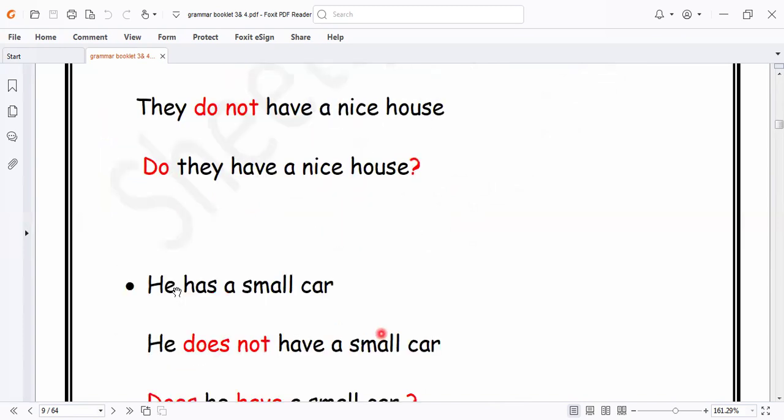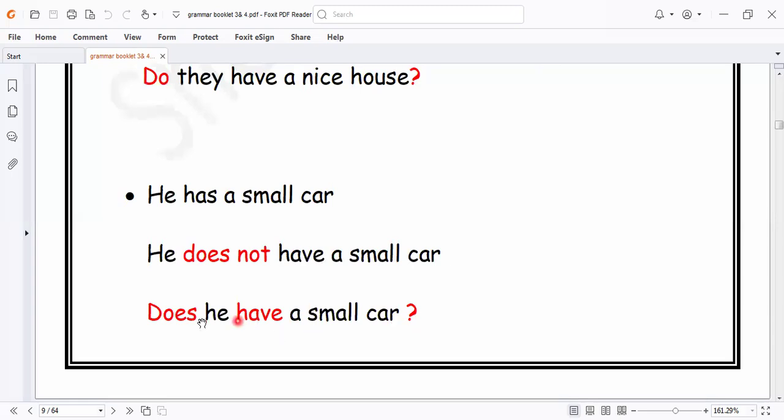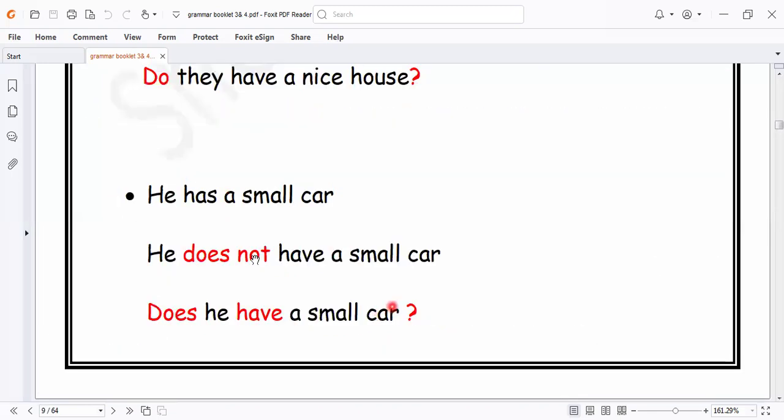Here we have "he has a small car." "He doesn't have a small car." "Does he have?" Why "have"? Because I return the verb to the stem. The stem of "has" is "have." Does he have a small car? And I put the question mark at the end of the sentence.